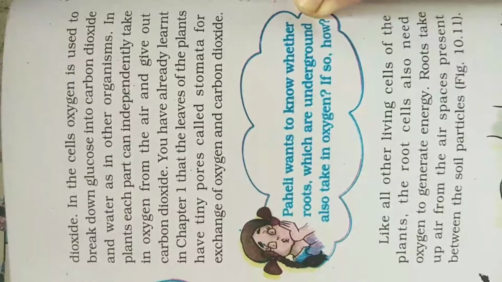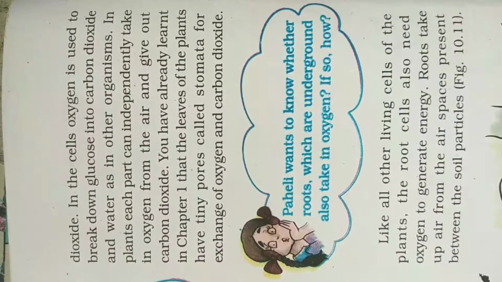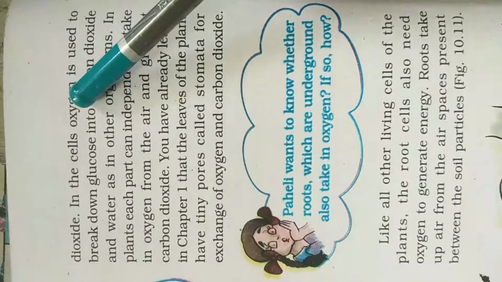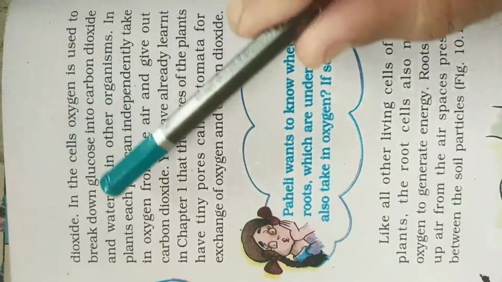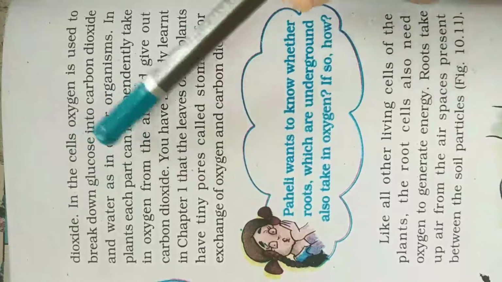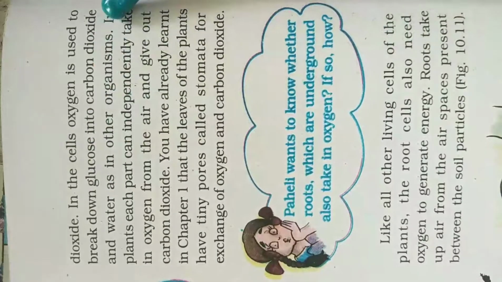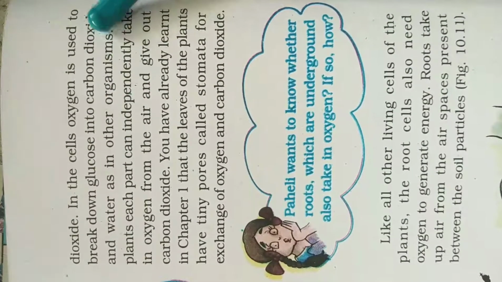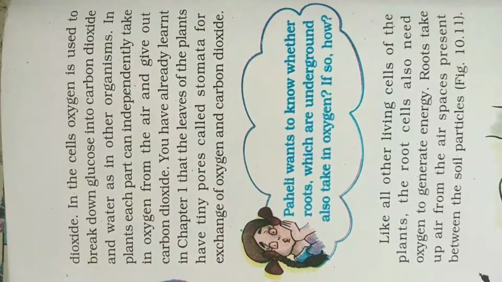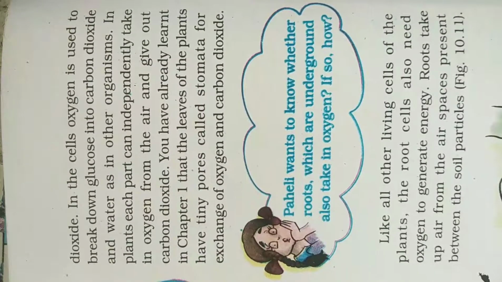In the cell, oxygen is used to break down glucose. Glucose means food. Glucose is broken down into carbon dioxide and water, as in other organisms.